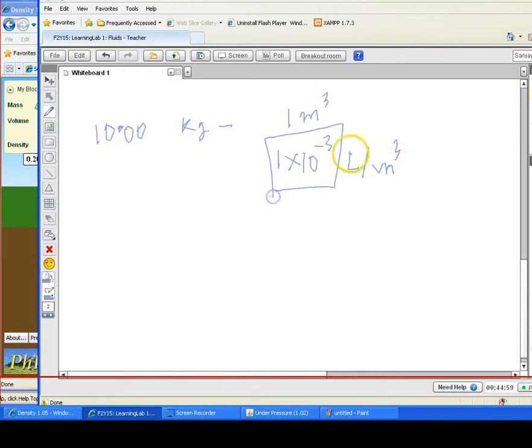So for 1 into 10 raised to minus 3 meter cube, how much? Simple ratio and proportion, multiply these two, and you will get 1 kg per liter. Is this agreed? That this is the density of water in kg per liter? Yes or no?